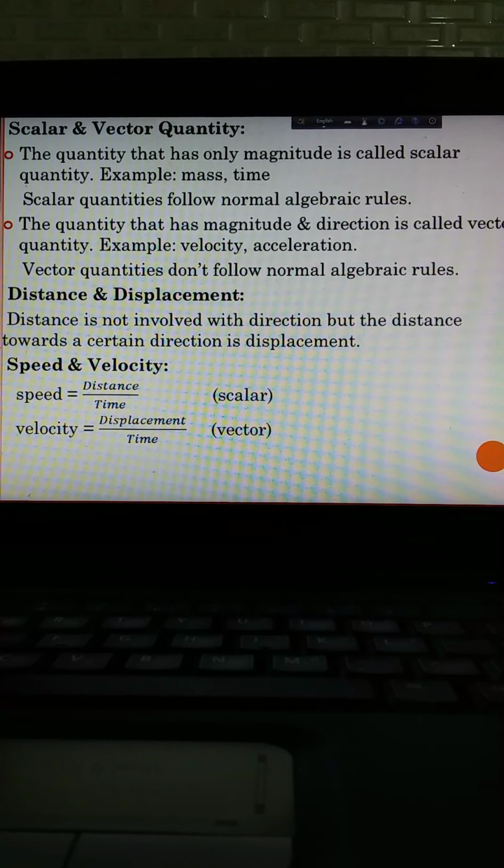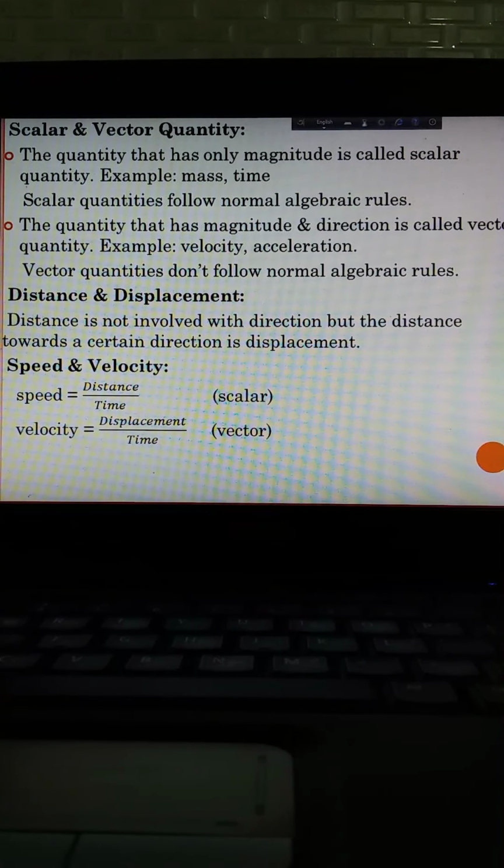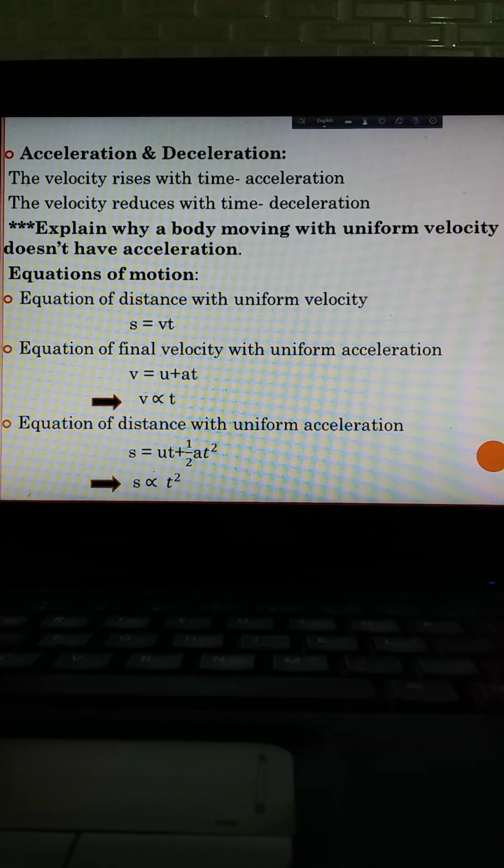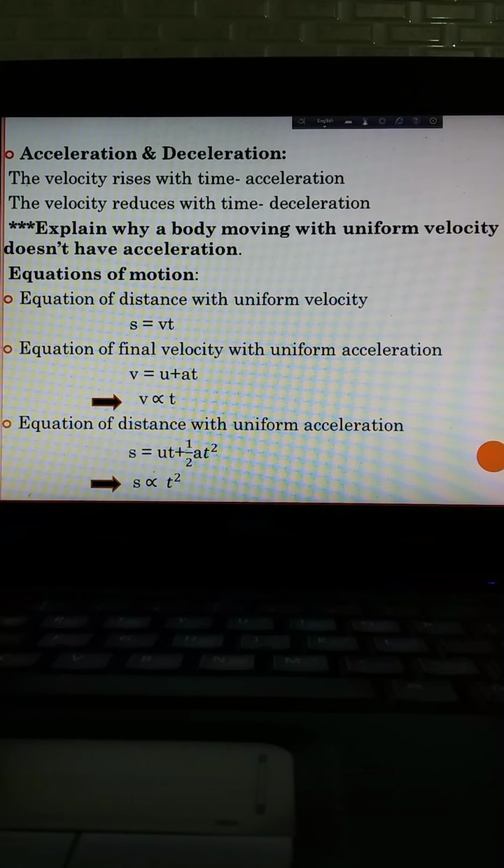For your question, if a comprehension type question comes, then you have to differentiate scalar and vector quantity. You have to know the difference of distance and displacement. We have known about speed and velocity, their difference, and you have known about acceleration and deceleration.